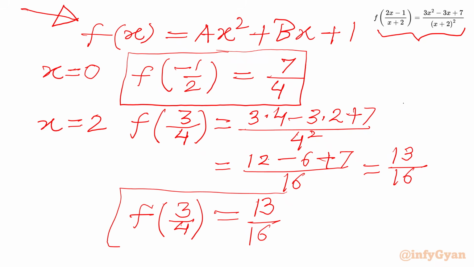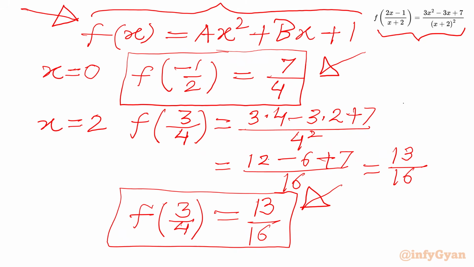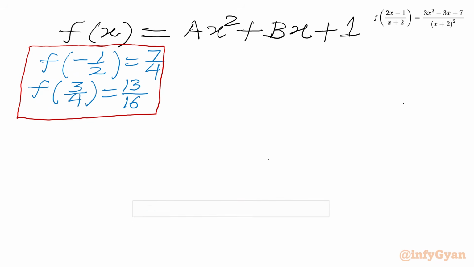Now we will use these two results, f of minus half is 7 over 4, f of 3 over 4 is 13 over 16, in our functional equation ax square plus bx plus 1. Now we will plug in x equal to minus half.